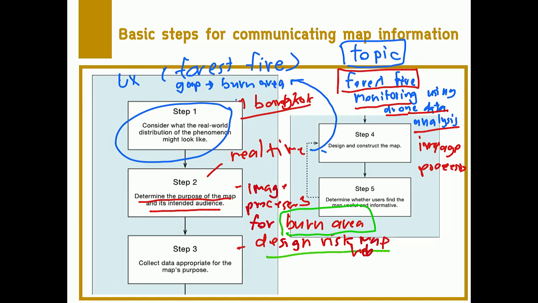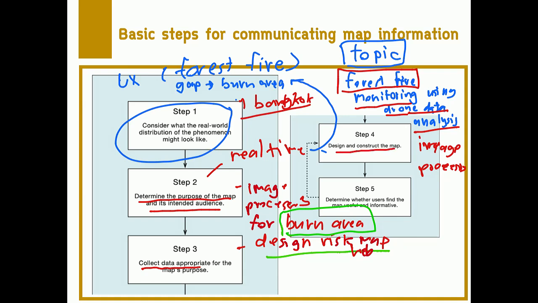Okay. So if we define the purpose, the next step, right, is to collect the data. The data can be downloaded or available on the internet, right? Such as satellite images, equipped with drone data. You can imagine that you will fly the drone there, or you have your own database. And design and construct the map.